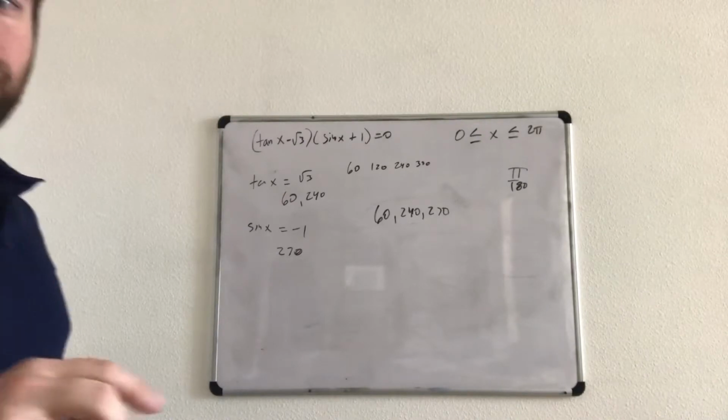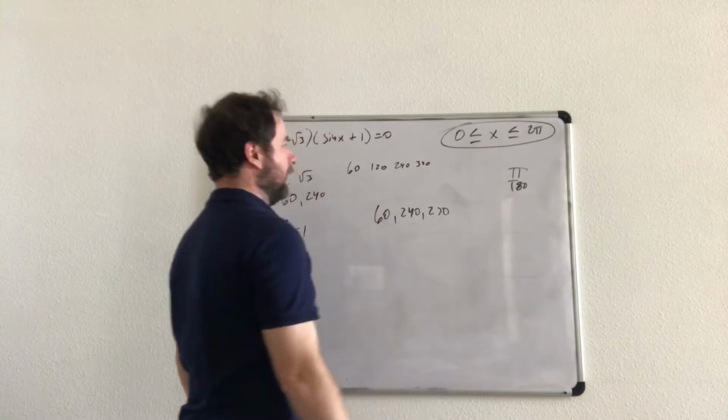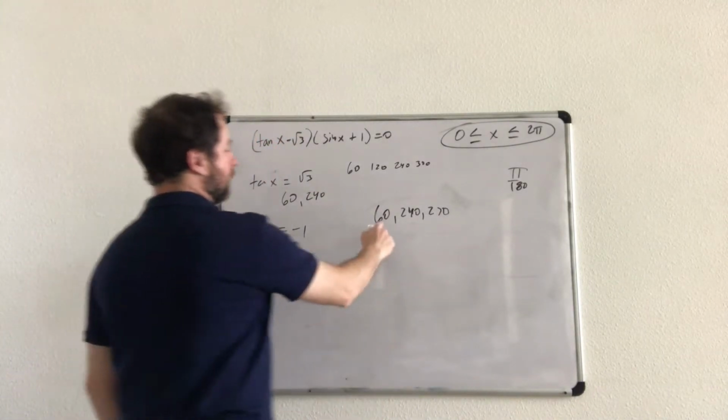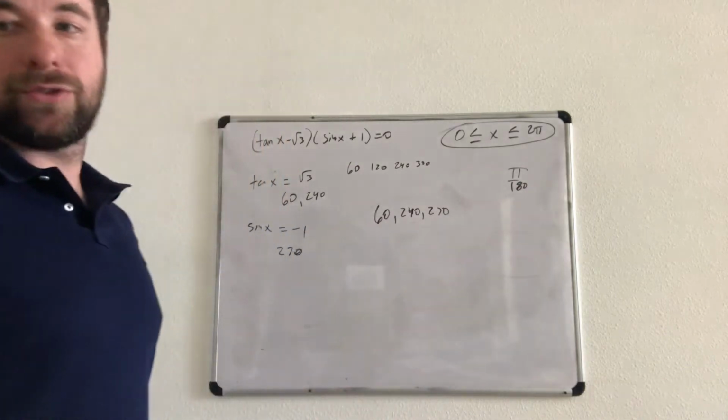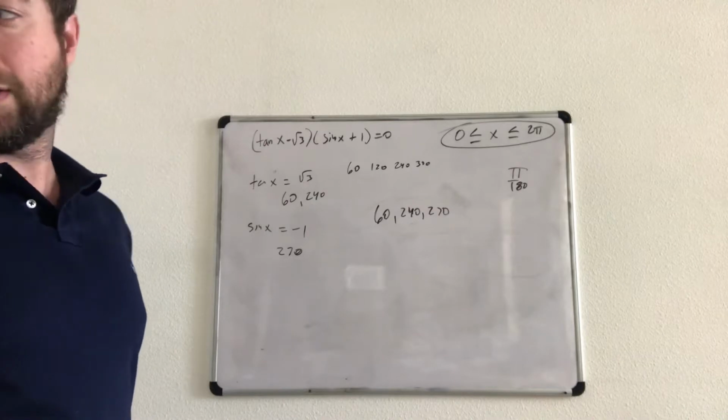Now, the only little trick that I wanted to show you on this was they said that our domain, or our range, was in between 0 and 2 pi. Well, if these are our answers, they want us to move this into radians.